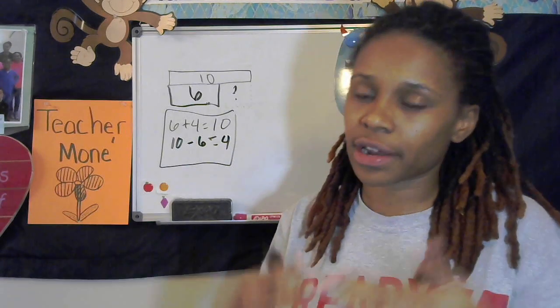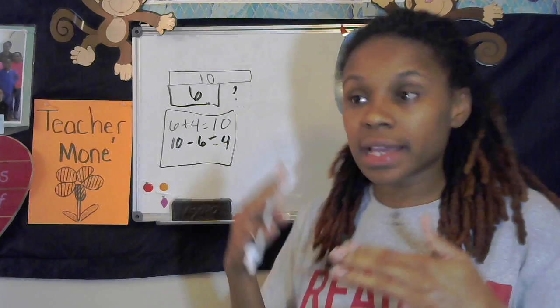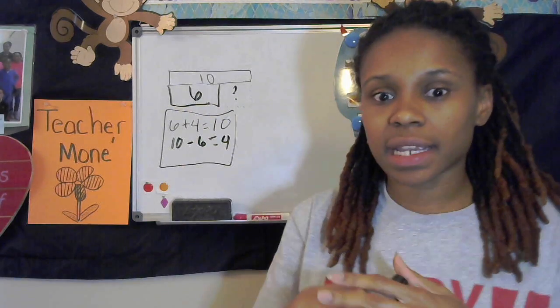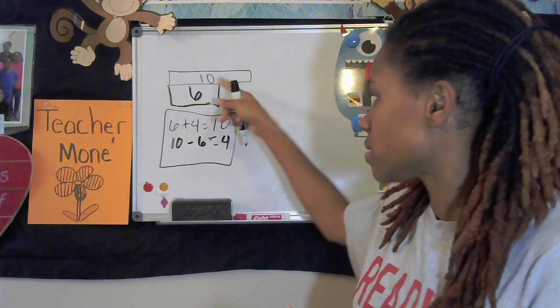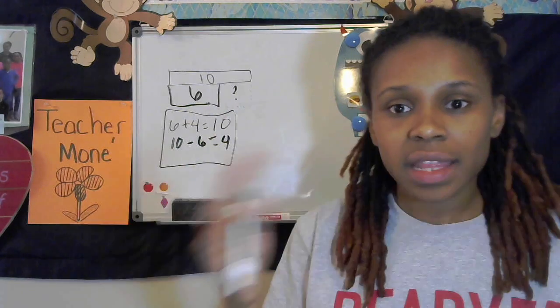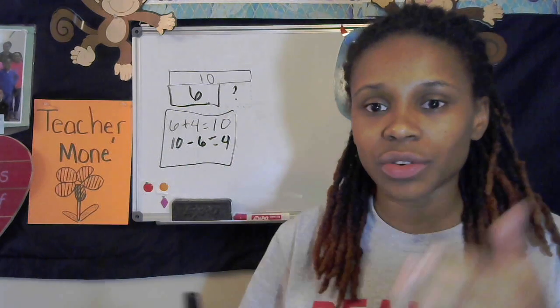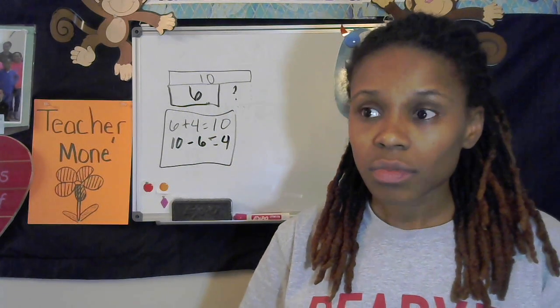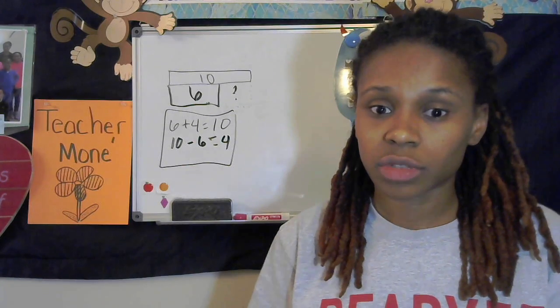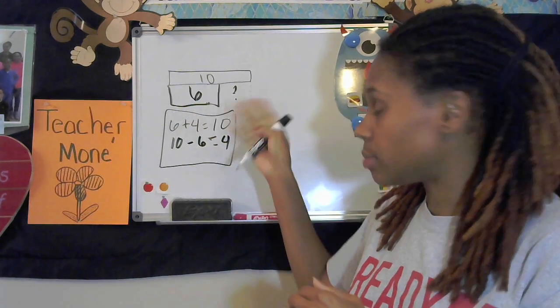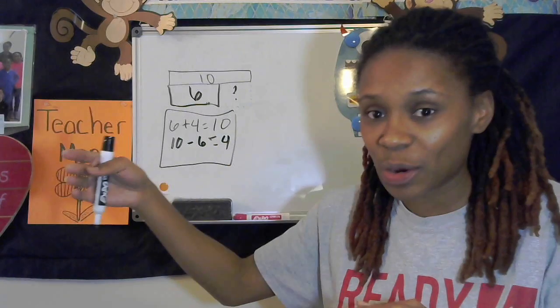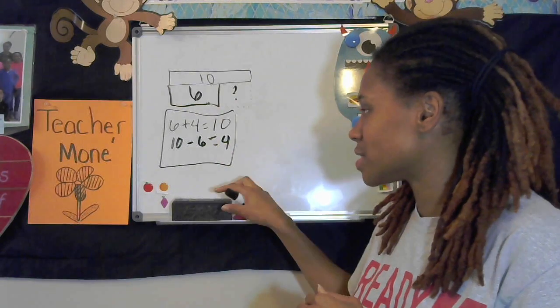Any numbers. I don't care how large or how small the numbers are. This is exactly what they're asking them to do. So if I put thousands behind this 10 and this 6, that will be the exact same thing that your fourth graders are having to do. Okay? Take this, but they're doing a lot more numbers. So this is on a smaller scale.